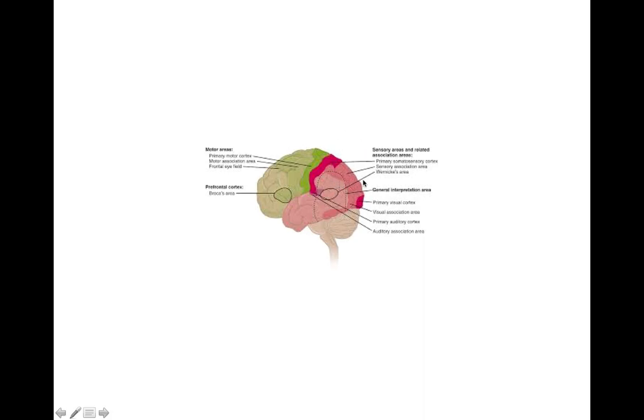Well, this is the Wernicke's area here in the superior temporal gyrus. This is the inferior temporal gyrus, this is the middle temporal gyrus, this is the superior temporal gyrus. This Wernicke's area controls the comprehension of the language.